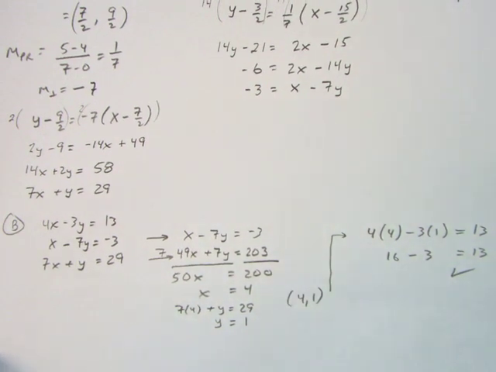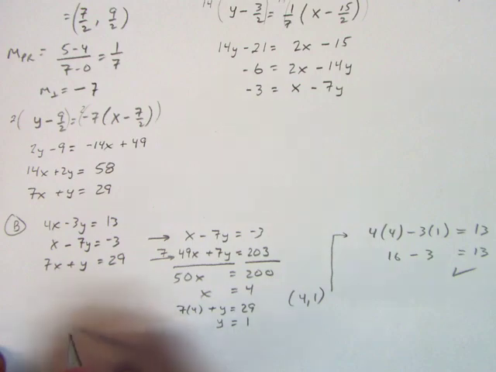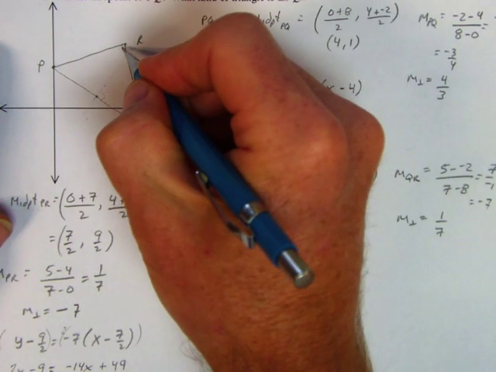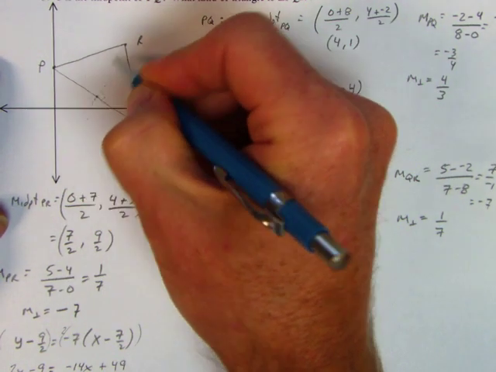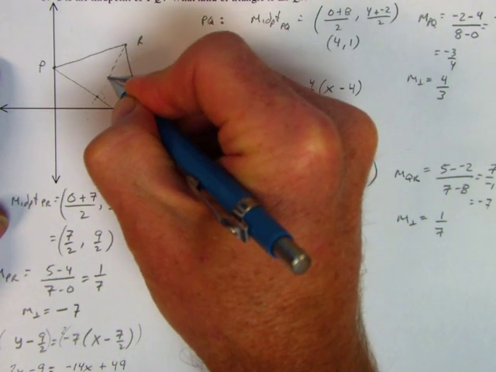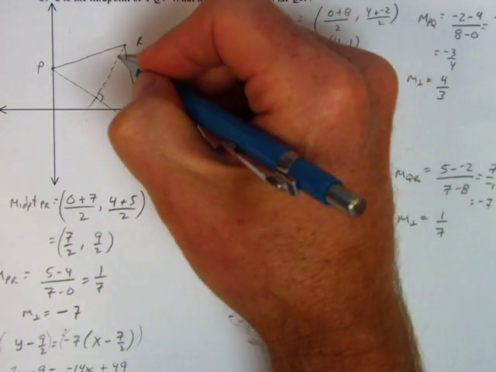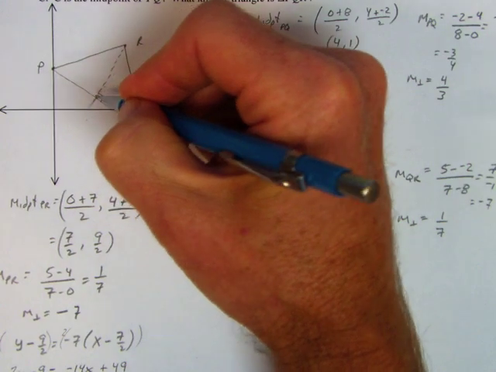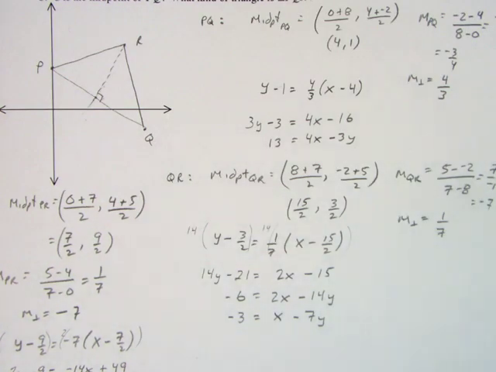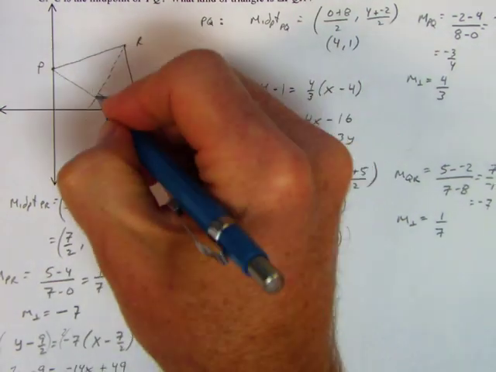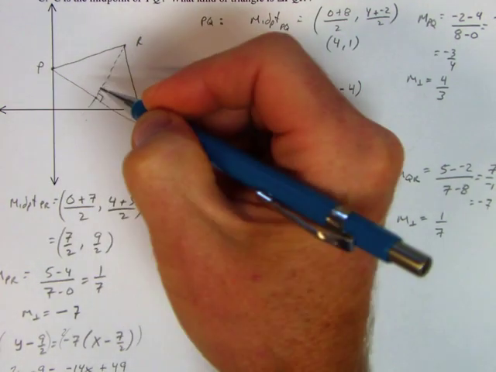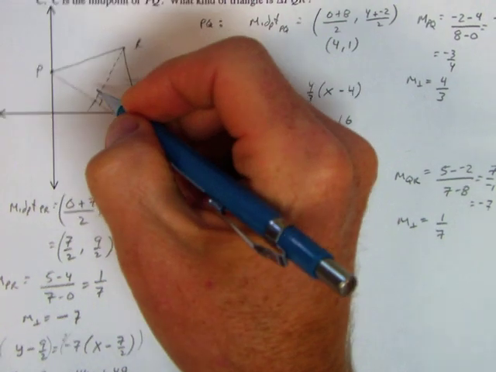Now what kind of triangle is PQR? Well, let's come back to our picture. Now it turns out that this midpoint goes here, and that is our right angle. When the perpendicular bisectors meet at the midpoint, we could go through the geometry of it.